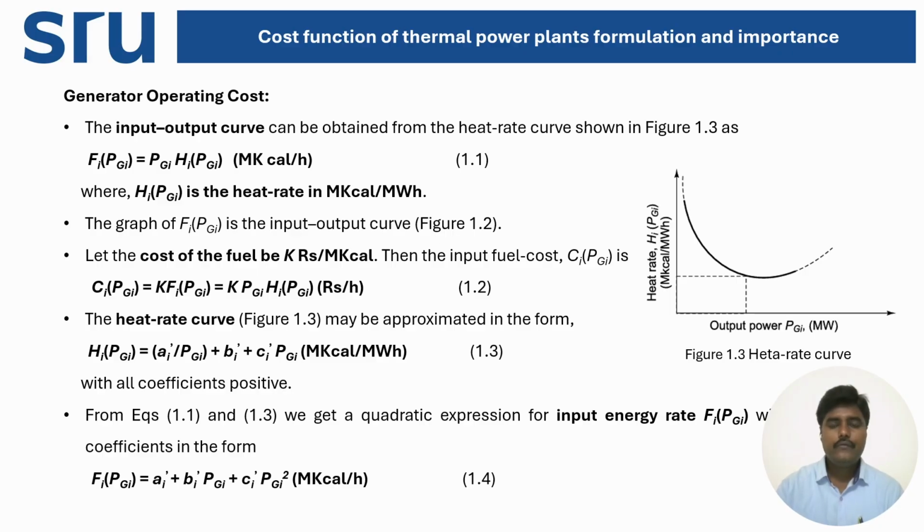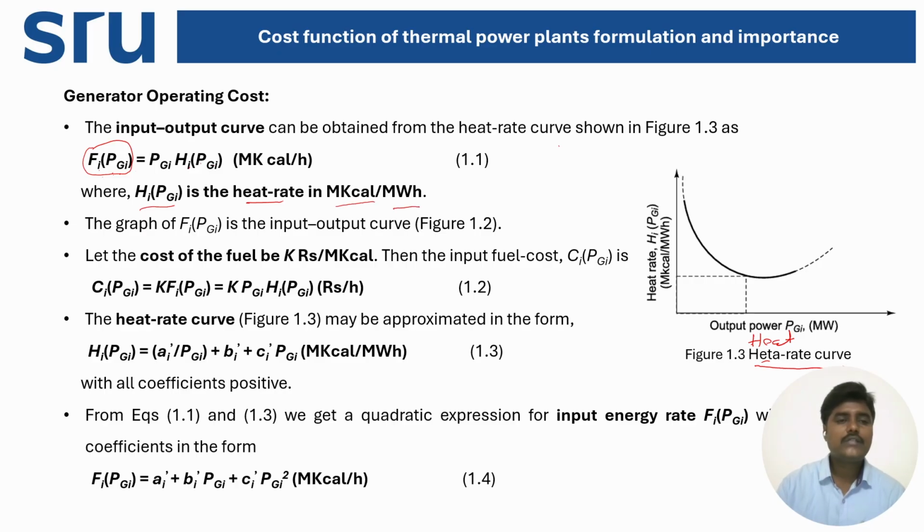So now we'll see one more curve called as heat rate curve. This is called heat rate curve. Here, the input output curve can be obtained from the heat rate curve also. The heat rate can be expressed as Fi of PGi, that is equal to PGi into Hi of PGi, where Hi of PGi is called heat rate and expressed in million kilocalories per megawatt hour.